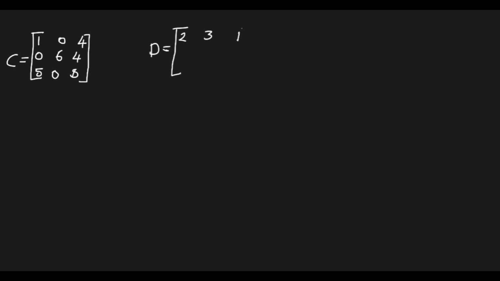So we have matrix C with elements 1, 0, 4, 0, 6, 4, 5, 0, 8, and D. Our D has 2, 3, 2, 3, 1, then 1, 1, 6, then negative 4, 3, 3. So you can pause the video and give it a try.